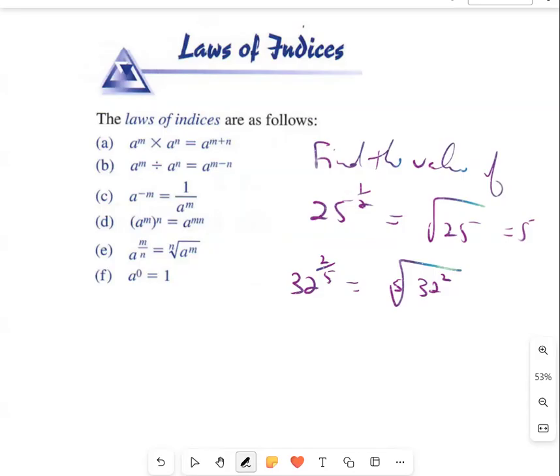So this number here, let's just say you square it, then you get the 5th root. 32 squared is how much? Punch it in your calculator and tell me. 1024. Oh, 1024. Okay. Yeah.